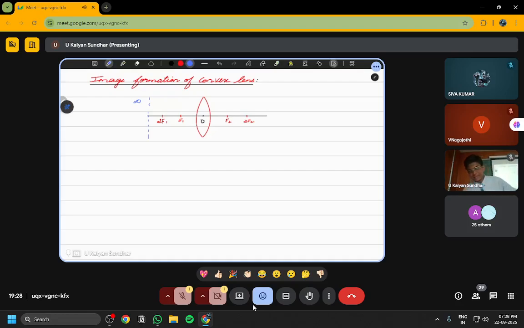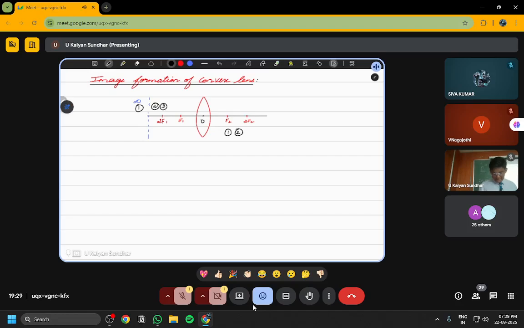When it is placed at infinity, object infinityல வச்சா where it will be formed? At focus. Next is beyond 2f1, second position. Beyond 2f1, no, sorry, between f2 and 2f2, so second position.